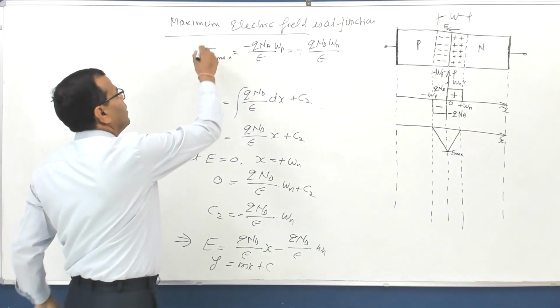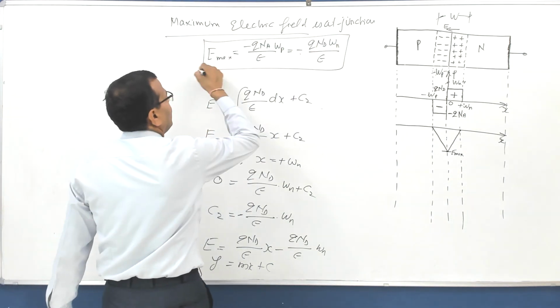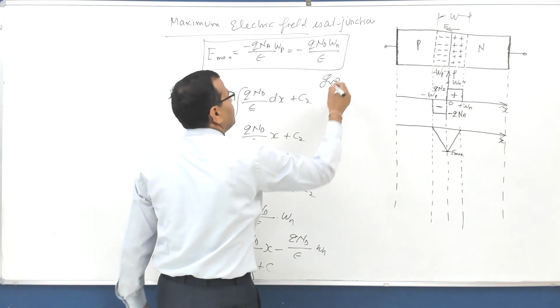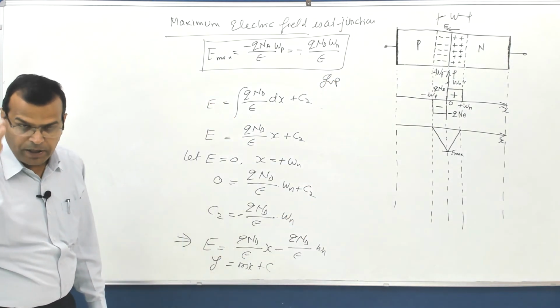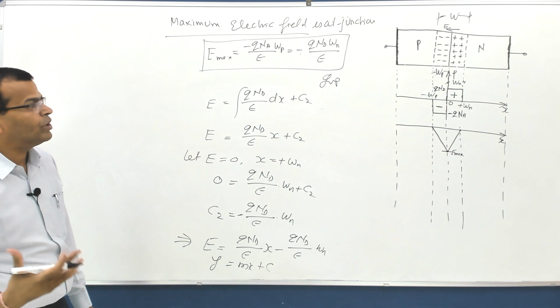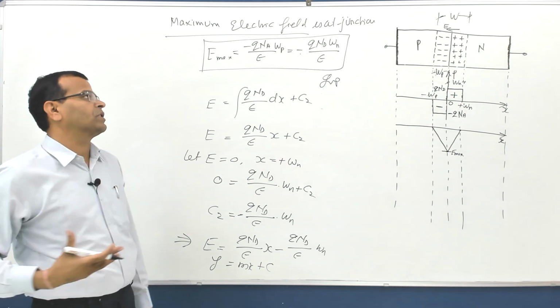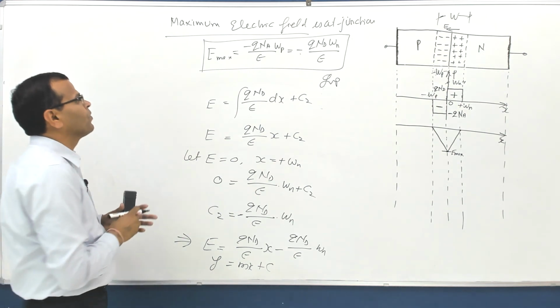This is your maximum value of the electric field, and it is important expression as far as exam is concerned. There were questions on this expression in past. I hope you will remember it.